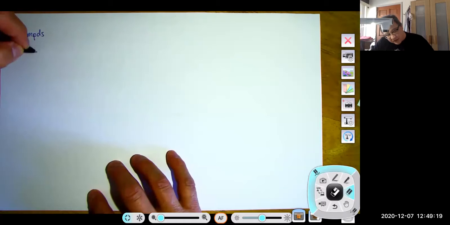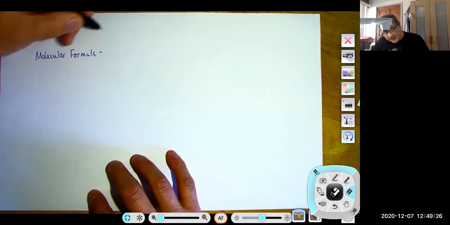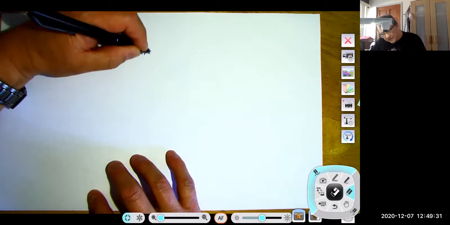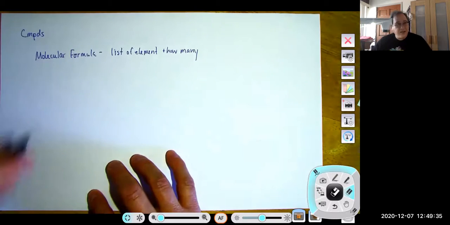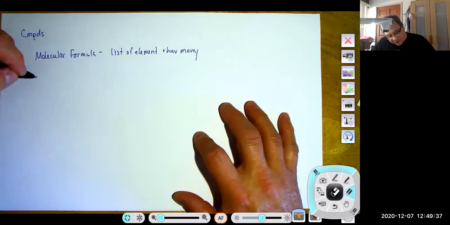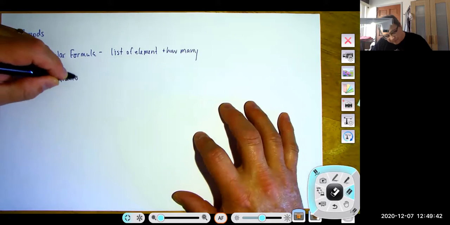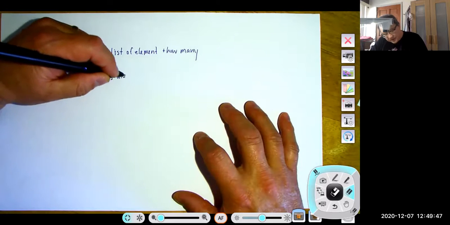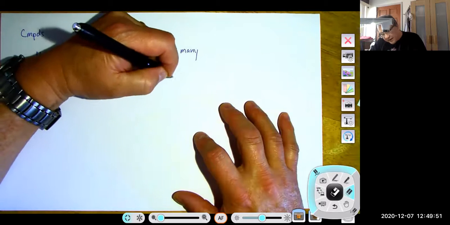There's one thing that's called the molecular formula. And that's the list of elements and how many. Then there is something that's called a Lewis structure. This shows atoms, bonds, and lone pairs.